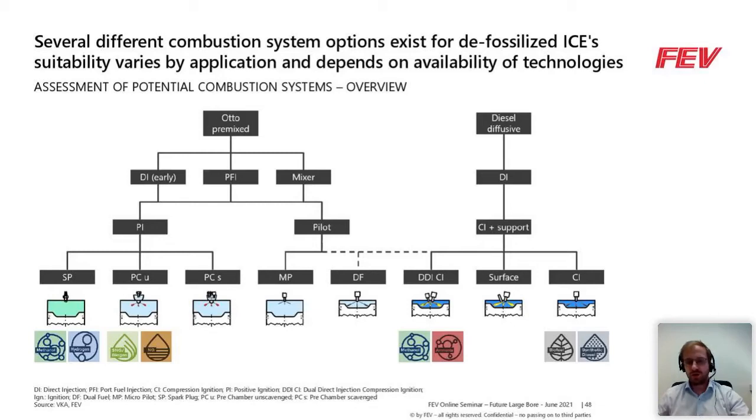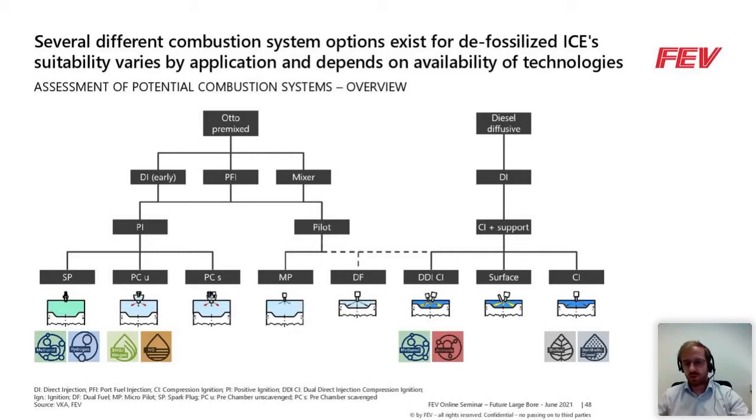And of the alternative fuels that have been assessed in the previous sessions, we also see a high chance for methanol and also for ammonia on the diffusive combustion system side with the pilot-assisted diffusive combustion system here.